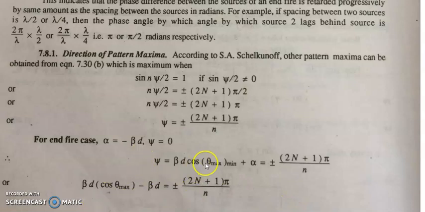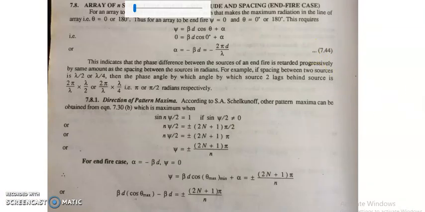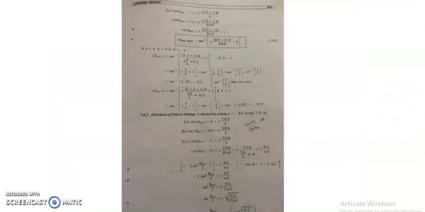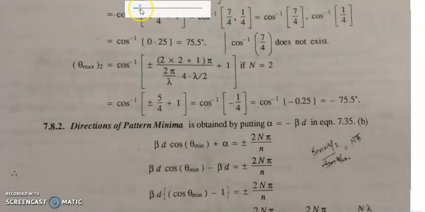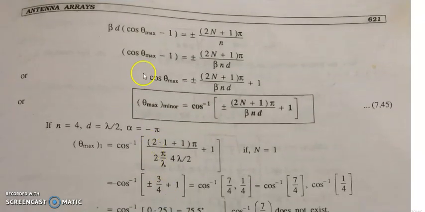So we have beta d cos theta maximum minus beta d is equal to plus or minus 2n plus 1 into pi divided by n. So taking beta d out, we have cos theta max minus 1 is equal to plus or minus 2n plus 1 into pi divided by n.